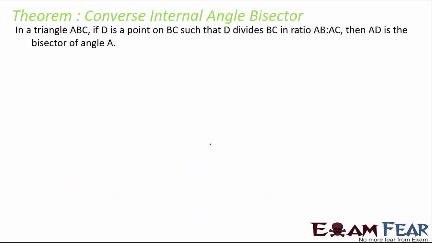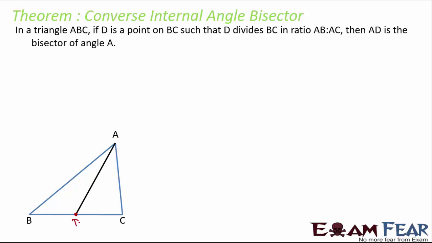Let us now look at the converse of internal angle bisector. It says that in a triangle ABC, if D is a point on BC such that D divides BC in the ratio AB is to AC, then AD is the angle bisector of A. That means if D is a point such that BD by DC is equal to AB by AC, that actually means that AD is the angle bisector of angle A. That means angle BAD is equal to angle CAD.